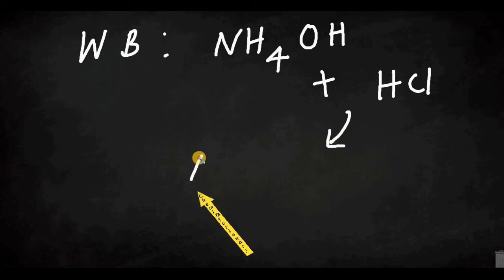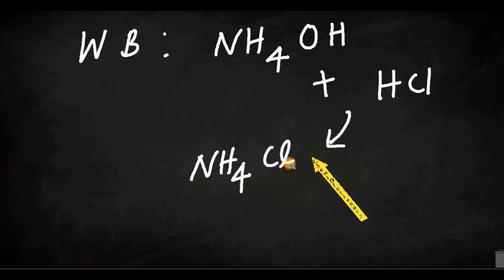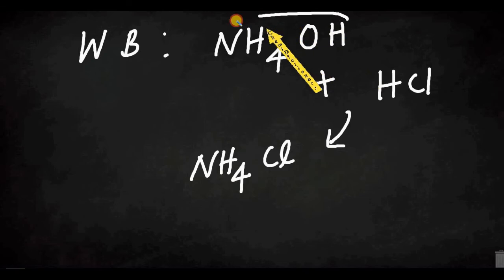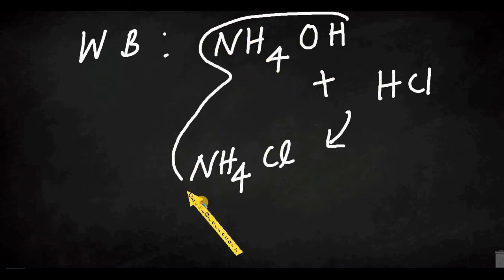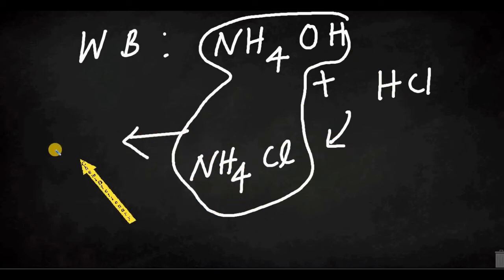That salt is ammonium chloride. Now the combination of these two, that is a weak base NH4OH and its salt with strong acid, we can call a buffer solution. It is a basic buffer.